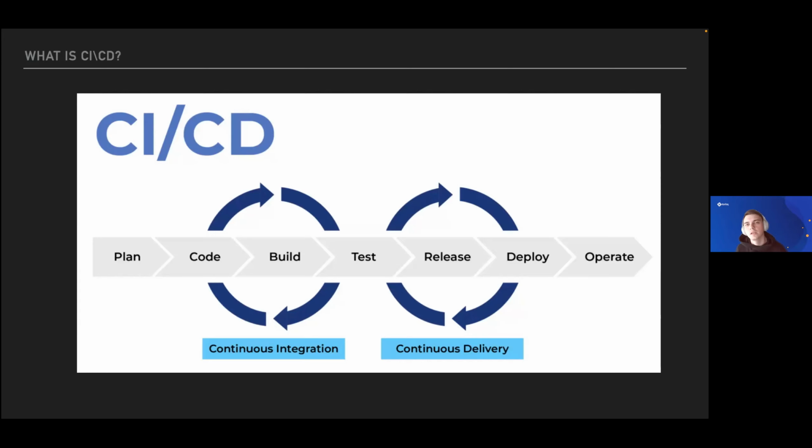Continuous integration is mostly about building something, testing something, and providing a built and tested artifact for the next usage. And continuous delivery stands for release, deployment, and so on and so forth. All of that covers almost entirely the software development lifecycle phases, which is also demonstrated here as a line.